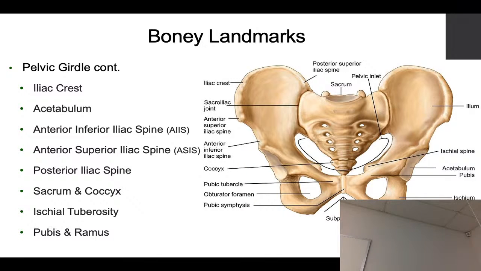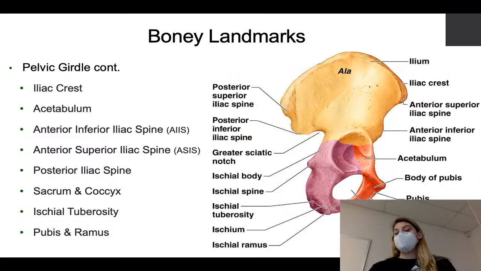If we look here, coming all the way around, once it reaches the tip, that is the ASIS. And we can view it laterally as well. You can see the top of the iliac crest ending at the ASIS.